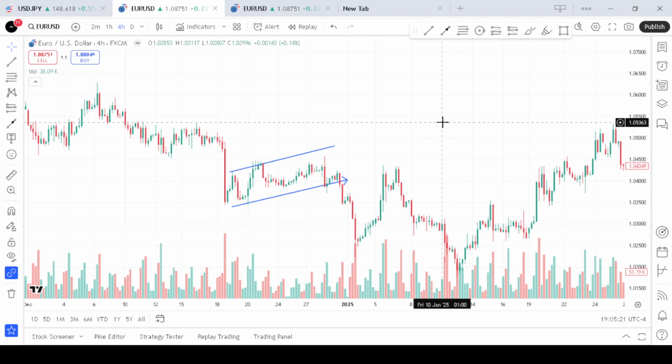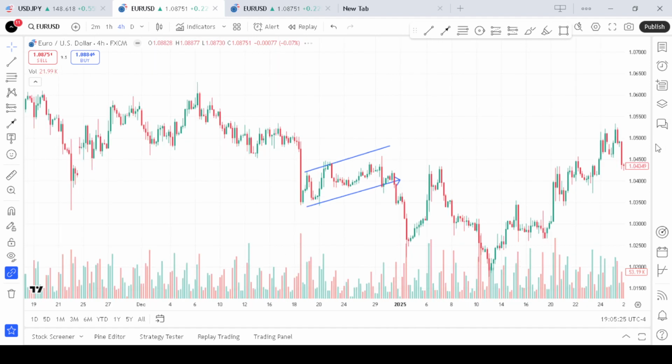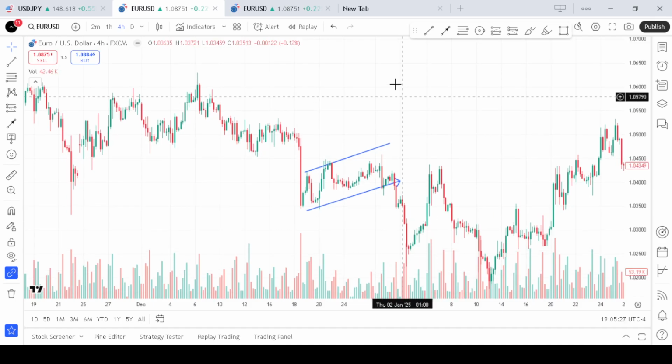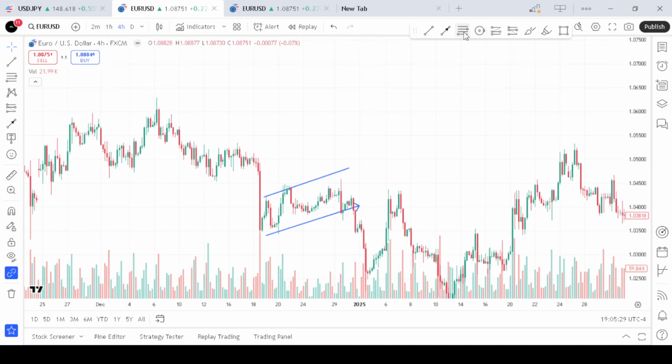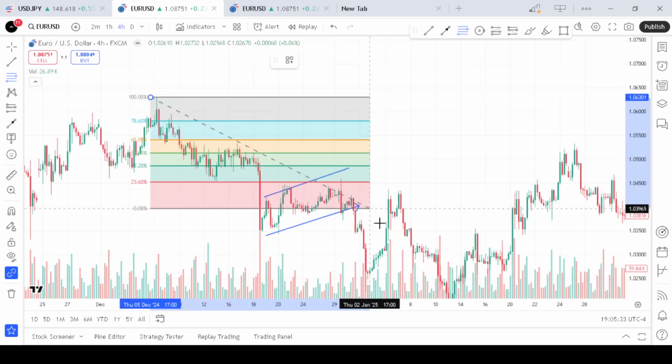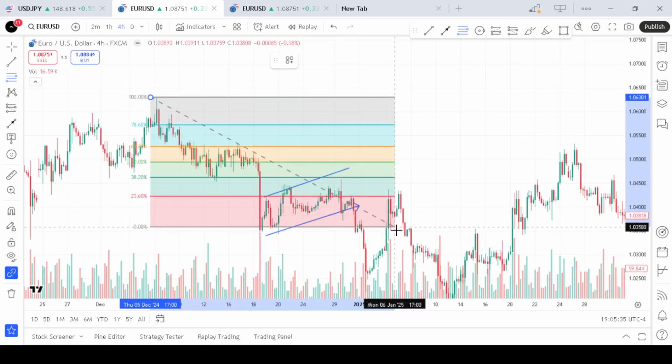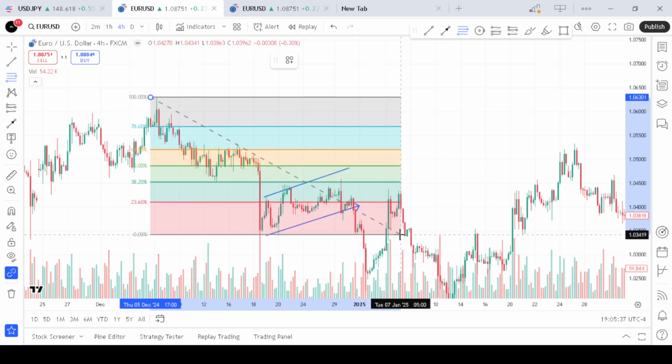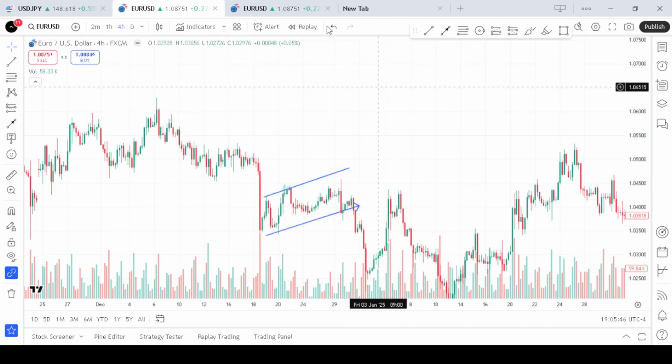This is to maintain the integrity of the flag pattern. Now, if we measure using a Fibonacci retracement, we would see that the retracement is usually around 30 to 50%. And if we draw our Fibonacci tool, we can see this flag was around the 38.2% level. This is basically what we are talking about.